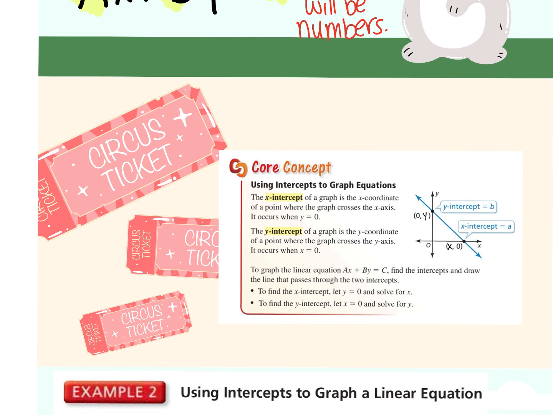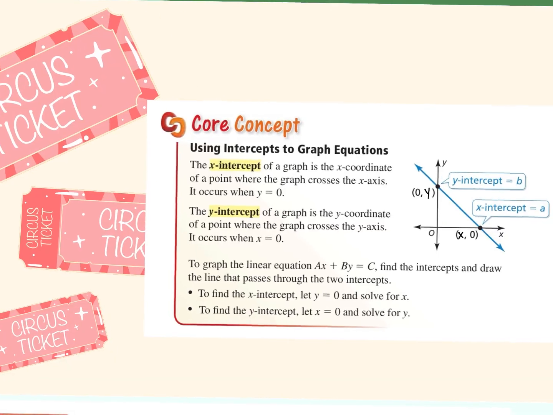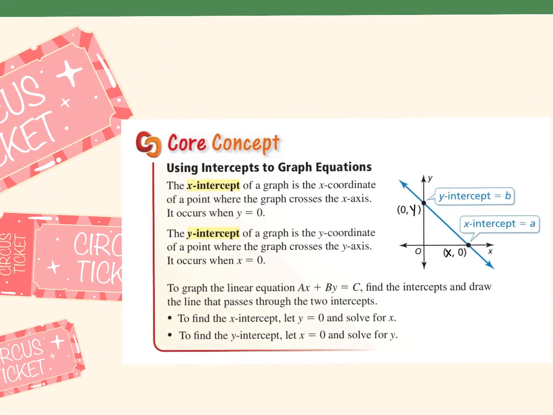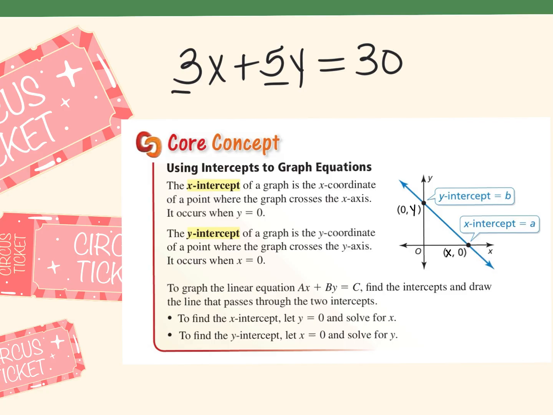So if you look at this, I'm going to zoom in. I'm going to make this up right now, but let's say you had an equation that said, let me turn my pen on, sorry. 3x plus 5y equals 30. Do you see how it's a number times x plus a number times y equals a number?